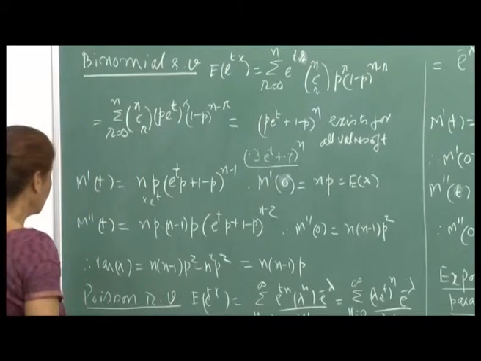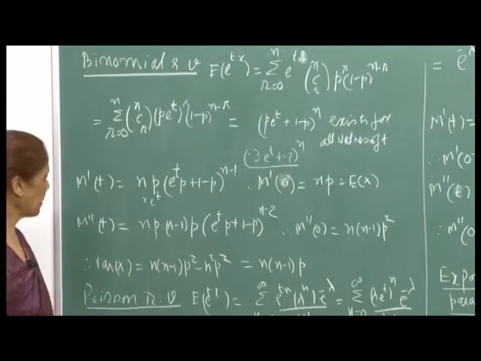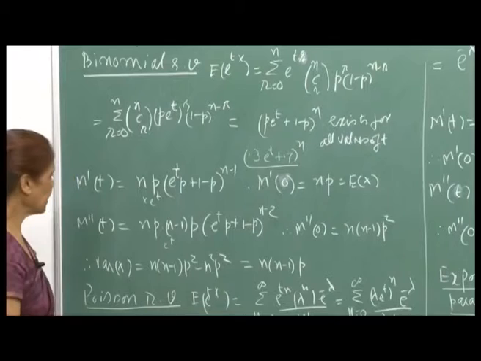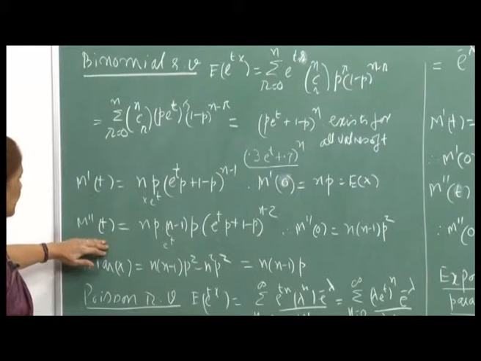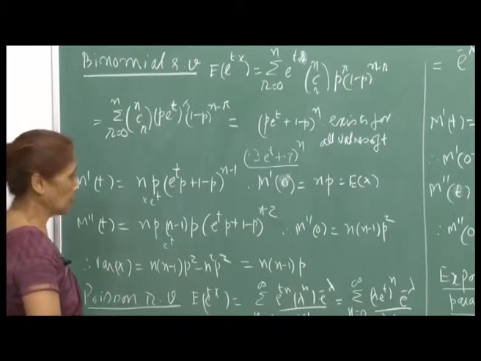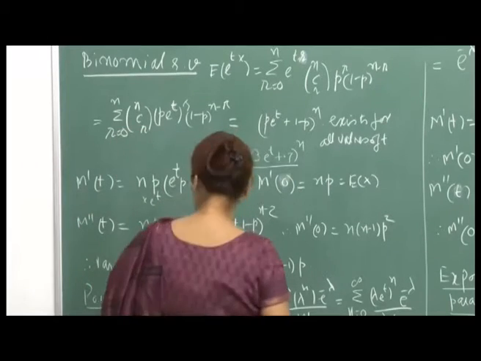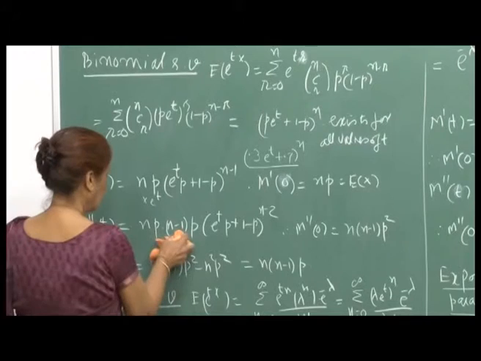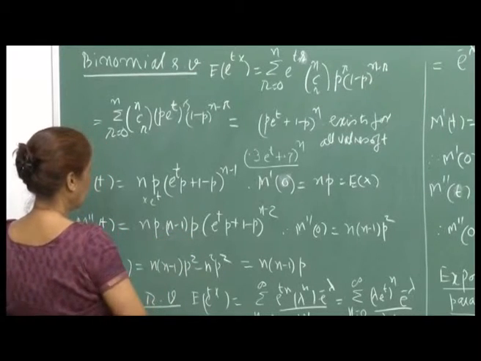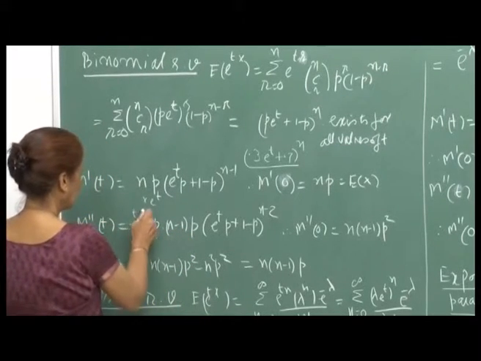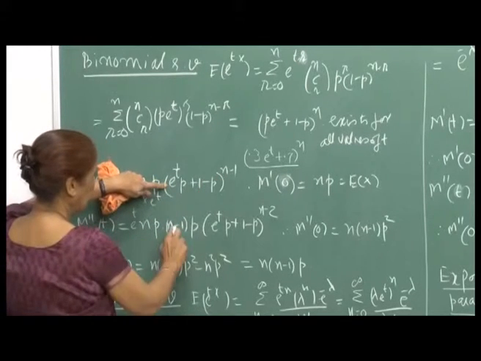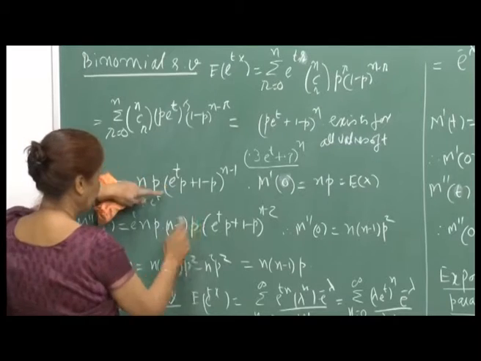Similarly, if you differentiate this expression twice, this e raised to t is missing somewhere. So, we will have to rewrite the expression here. Okay. So, e raised to t is here, and I am differentiating this again. So, this will be n minus 1 and p here, then e raised to t.